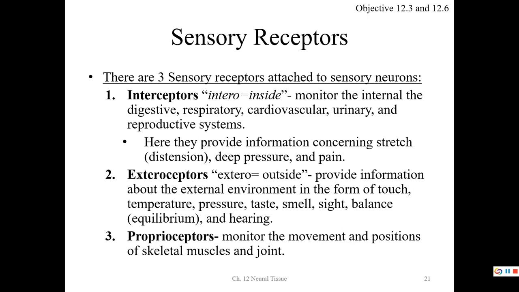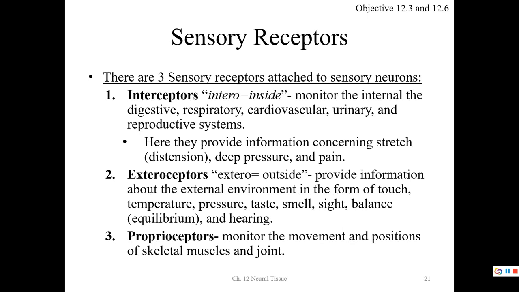They provide things like stretch or distension, deep pressure, and pain. Exteroceptors provide information about the external environment like touch, temperature, pressure, taste, smell, sight, balance, hearing, and all that good stuff. Equilibrium is another name for balance.